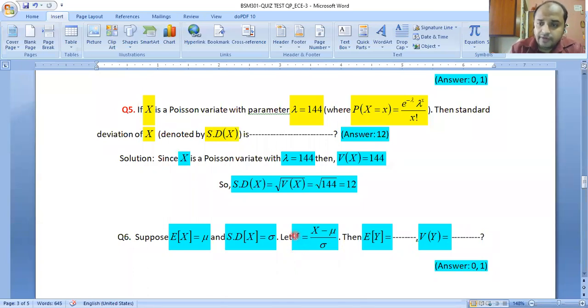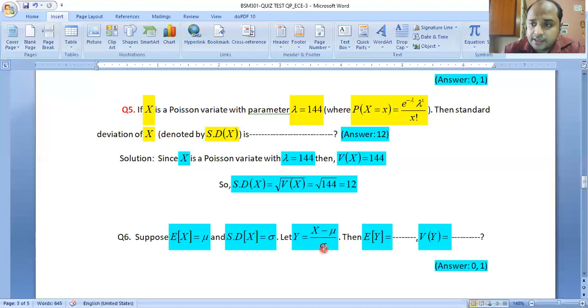Similarly, if I calculate variance of y, we get variance of this entire expression. By the property of variance, when a random variable gets multiplied by a constant, the constant comes outside the variance sign and gets squared. So variance of cx becomes c squared variance of x.